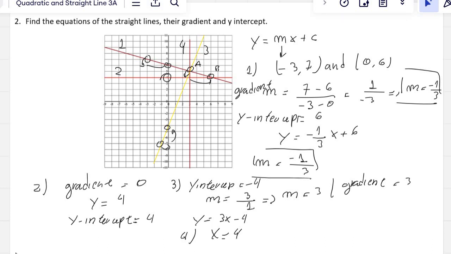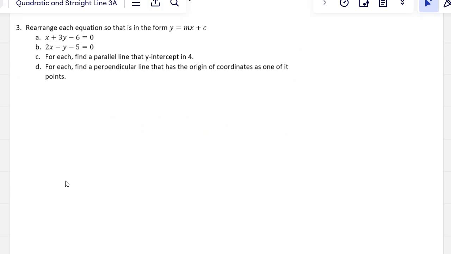Now let's go to number 3. Okay, now we have this exercise. It says rearrange each equation so that it's in the form y equals mx plus c. Okay, so let's do number 3a. It says x plus 3y minus 6 equals 0. So you have to leave y alone. Okay, it's like you have to solve for y.